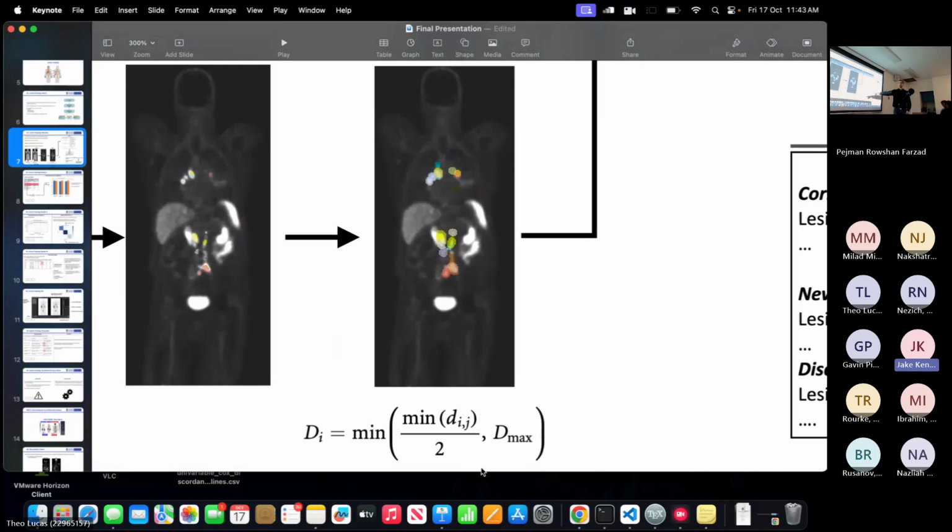That's only taking into account the distance between lesion i and j. So I guess we could maybe explore having an additional step to take into account if it's a small lesion, maybe bigger. Or even, actually, no, sorry, of course, increase it, to better account for the misalignments during the expansion.